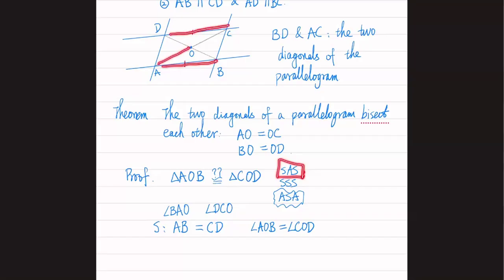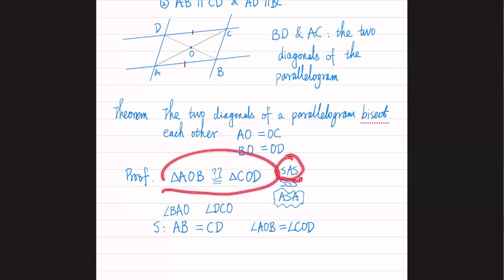So we know AB is CD, but do we know AO and OC? That's what we want, not what we have, right? Yeah. So the reason we cannot apply SAS for these two triangles is that these two sides are what we want, not what we have. These two sides, again, what we want, not what we have.